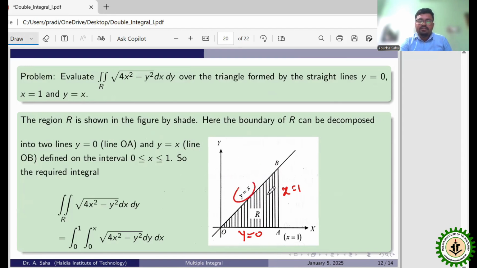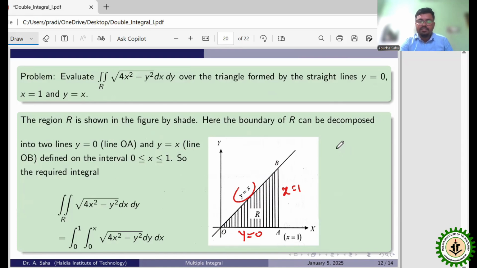Then this is the region R. So R is bounded by two lines: one is y = 0, that is line OA, and y = x, that is line OB, defined on the interval x from 0 to 1.